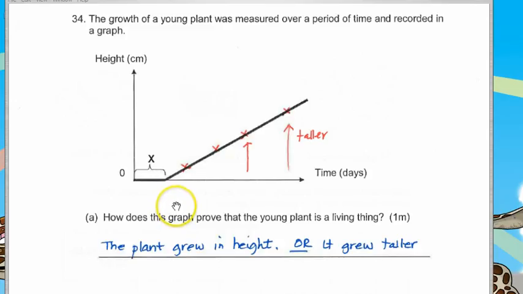They can grow, they can reproduce, they can move by themselves, and they can respond to changes around them. So this is one of the points. It says it grows. So the plant grew in height, or grew taller, to show that it is a living thing.